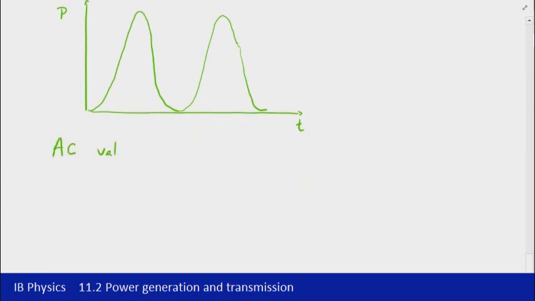So with AC values, whether it's a current or a voltage, they are stated in terms of the equivalent DC.